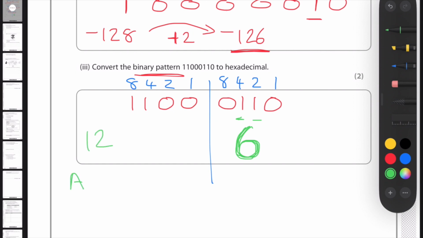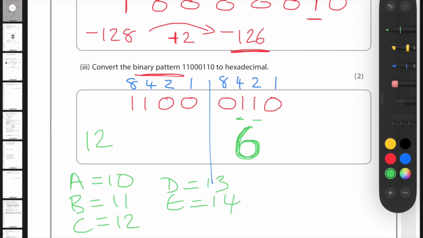Now, A equals 10, B equals 11, C equals 12, D equals 13, E equals 14, and finally F equals 15. So we've got C. So the answer would be C6. Okay? And it's 2 marks.